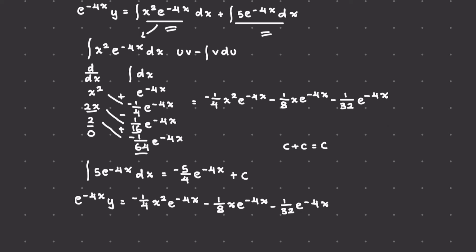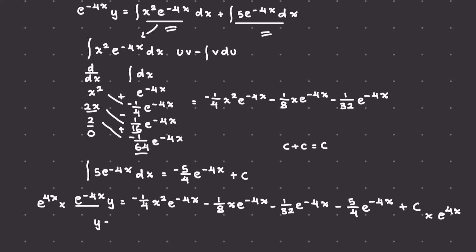Don't forget the other integration, which is minus 5 over 4 e to the negative 4x, and don't forget the constant here. From this step, everything is easy. If you want this to be gone and make it into y equals equation, you need to multiply both sides by e to the 4x.